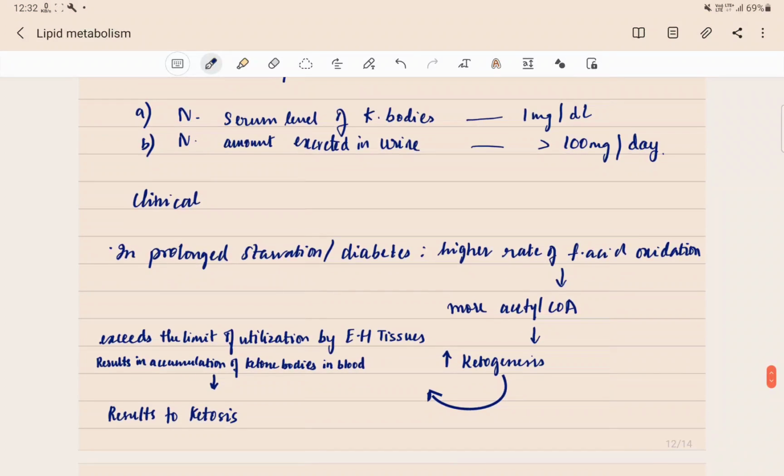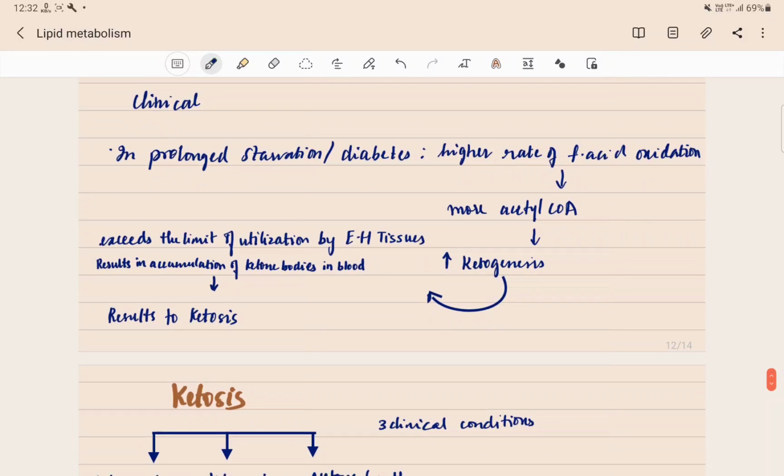The clinical significance is in prolonged starvation or uncontrolled diabetes, where there is a high rate of fatty acid oxidation. Why does this fatty acid oxidation occur? Because of lipolysis, which occurs because of starvation. So a high rate of fatty acid oxidation occurs in starvation, if glucose is not enough.